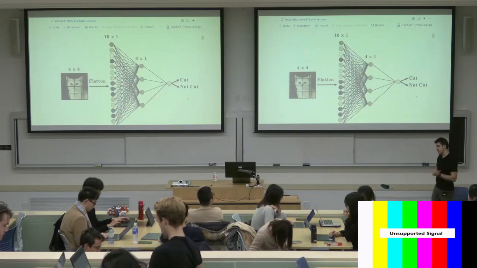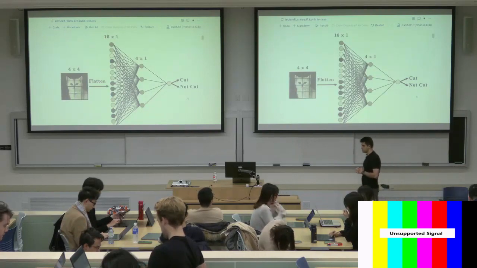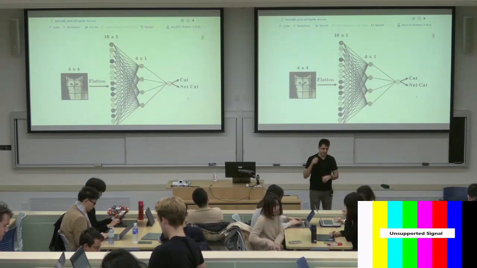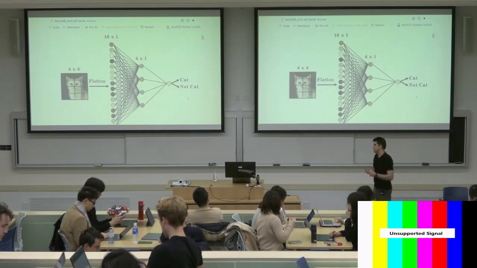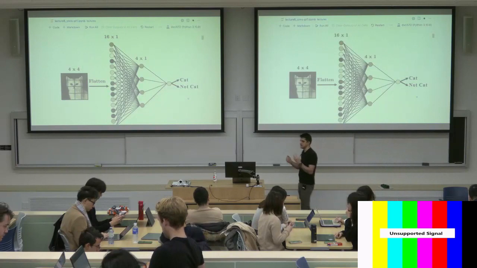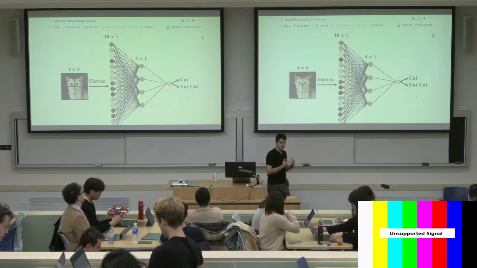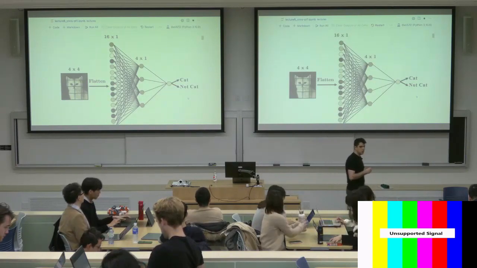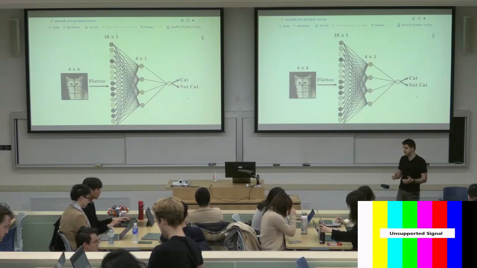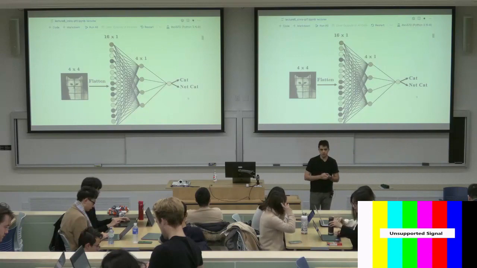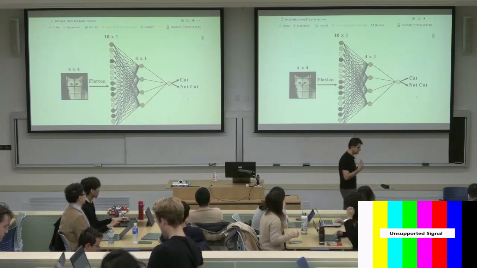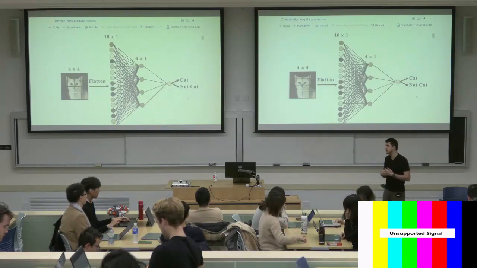So I have told you about the universal approximation theorem at the end of the previous lecture. And I told you that theoretically, no matter how complex the data you're trying to model is, you can always approximate that function using a neural network with one hidden layer, not even too many hidden layers, with one hidden layer.